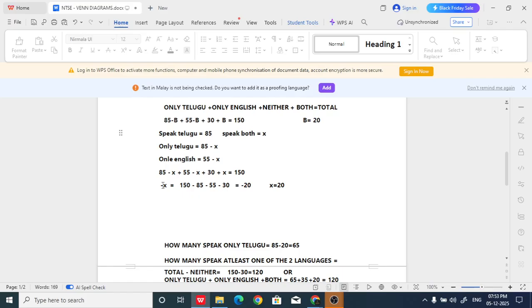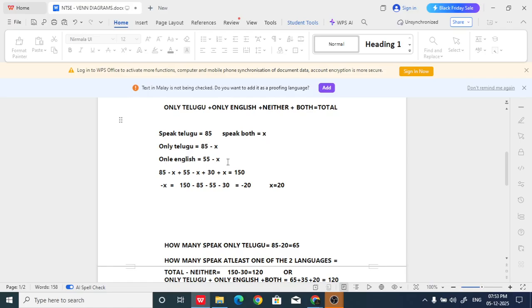So people who speak only Telugu is 85 minus x. Here it is given as b. Now we can take b, or no, I think I will remove that, otherwise you will get confused. Can I remove it? People who speak both is x. So now people who speak only Telugu is 85 minus x.